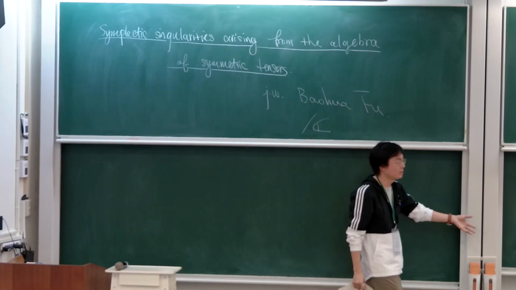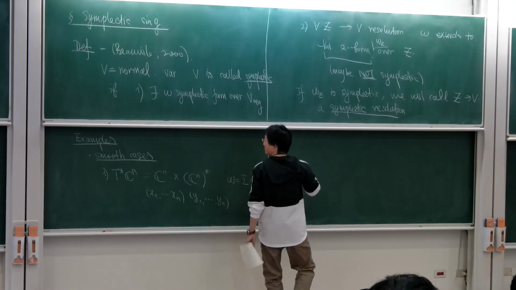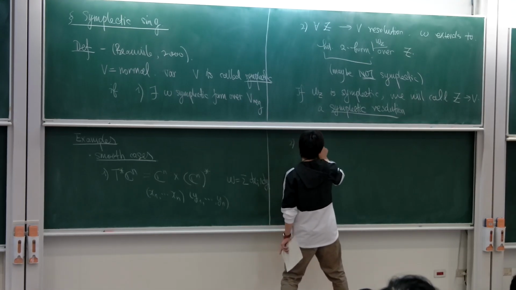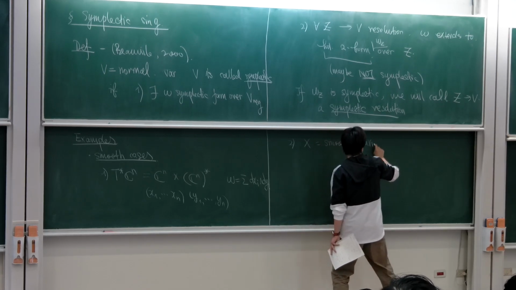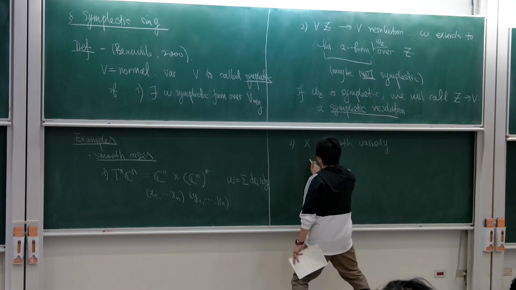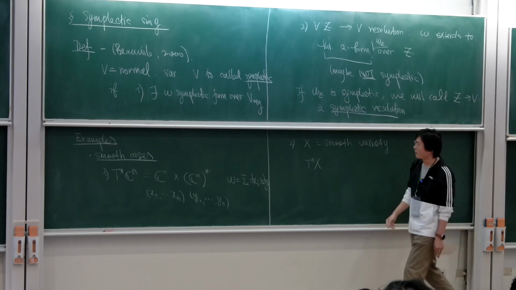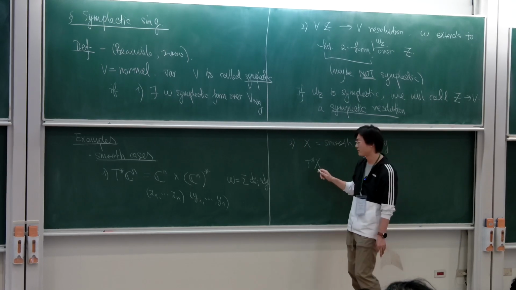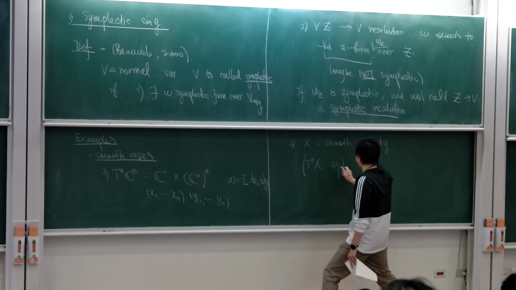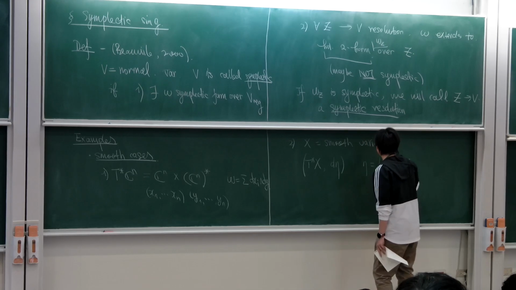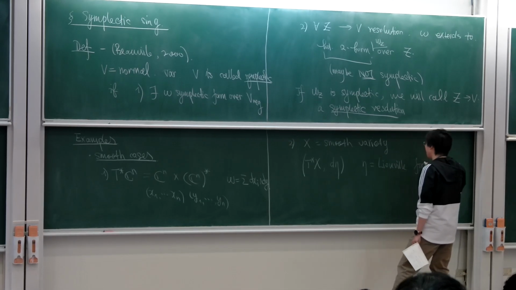In fact, this construction can be generalized to any smooth variety X. You can take X to be any smooth variety, and look at the cotangent bundle of this X. Now you can define a standard symplectic form over this cotangent space, which is d eta, where eta is the so-called Liouville form.